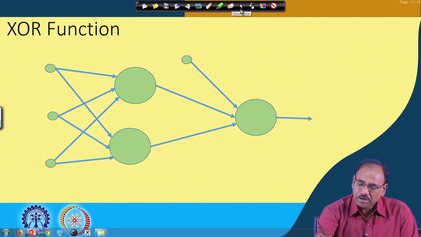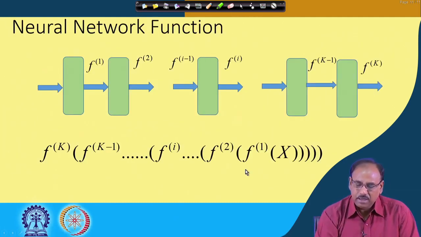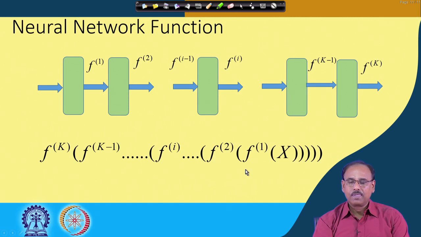So, the kind of neural network that I have to have over here is as given by this. You find that every layer of the neural network computes a nonlinear function of the feature vector inputted to that particular layer of neurons, and the output of that layer of neurons is an intermediate feature vector, maybe of same dimension or maybe of different dimension, depending upon how many neurons I have in that particular layer.